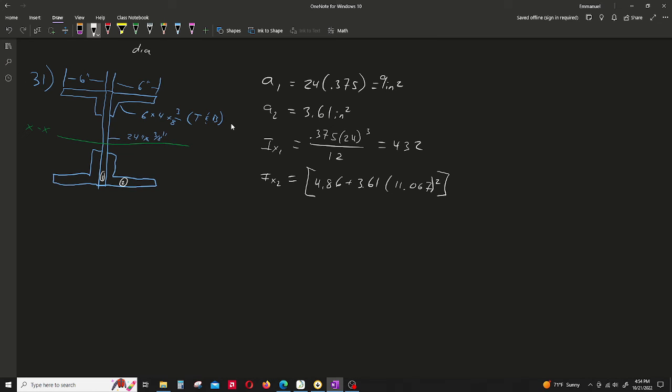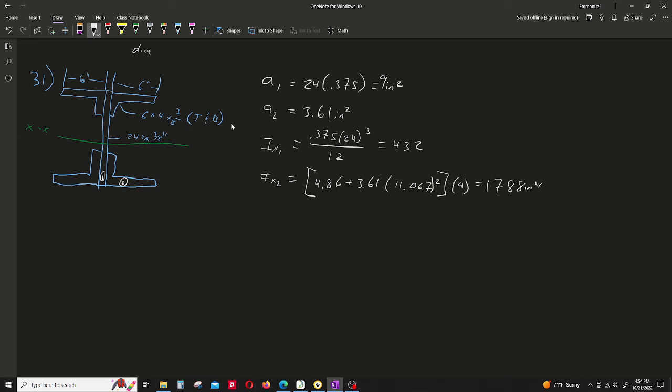And we have technically 4 of these, 2 on the top, 2 on the bottom kind of situation there, right? So we got to multiply that by 4. So therefore we get 1788 inches to the 4th power.